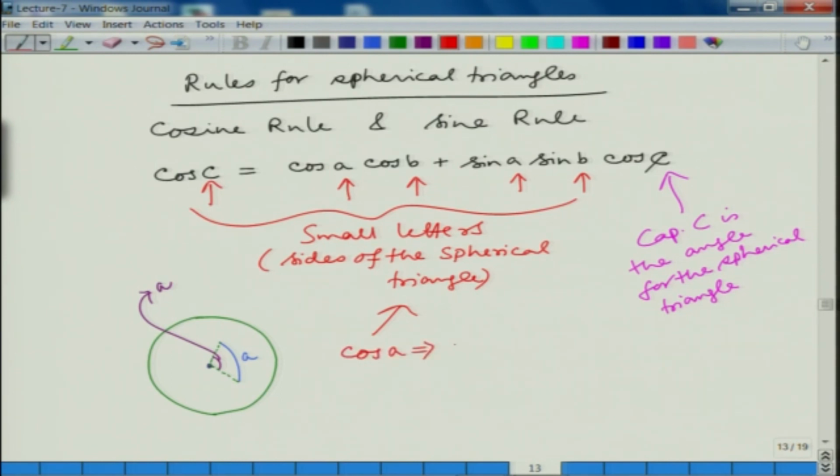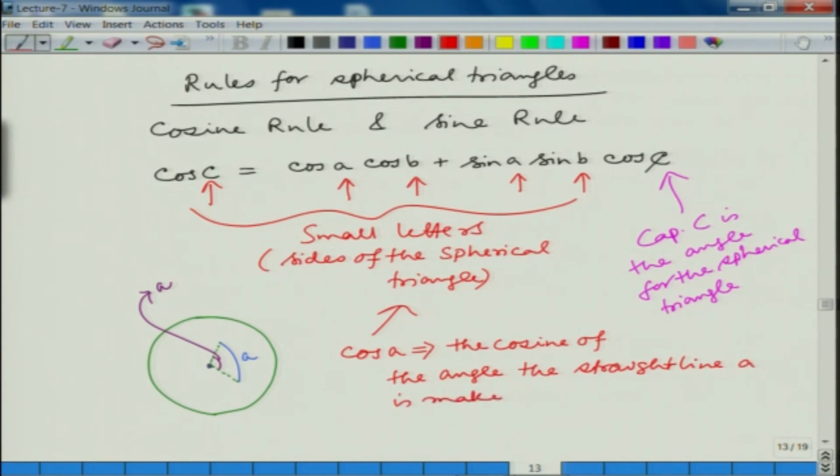Okay. So, what we mean by the cosine of a length is that cos a represents the cosine of the angle the straight line a is making at the center of the sphere.